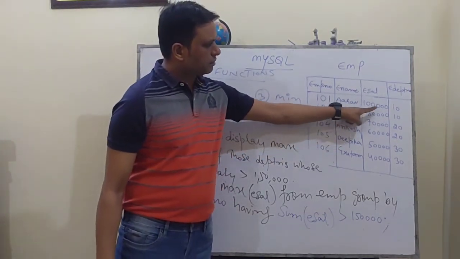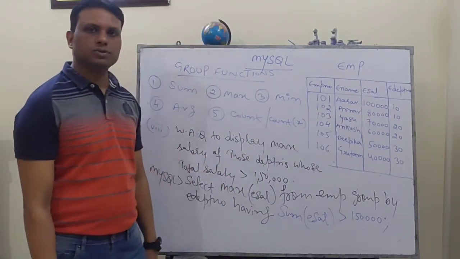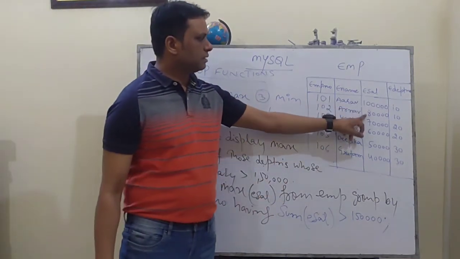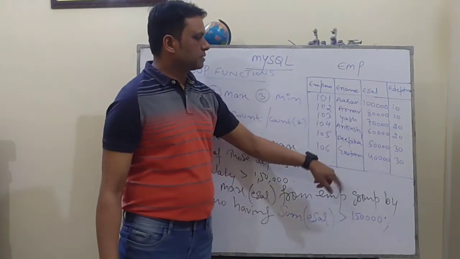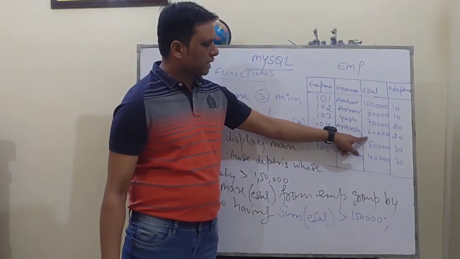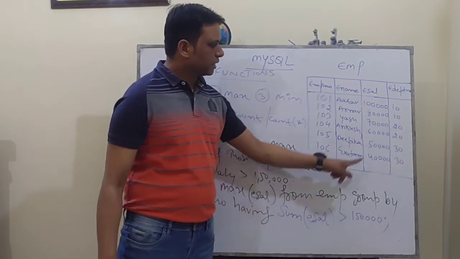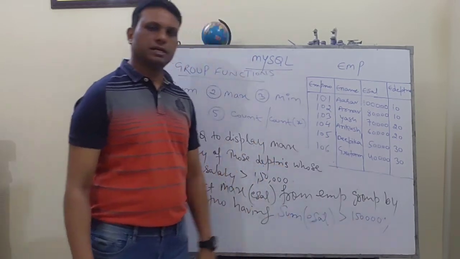The sum of department number 10 is 1,80,000, which is greater than 1,50,000. So we'll get the maximum salary, that is 1 lakh rupees. Then here its sum is 1,30,000, so this condition is false here. Then here 90,000, this condition is false here.